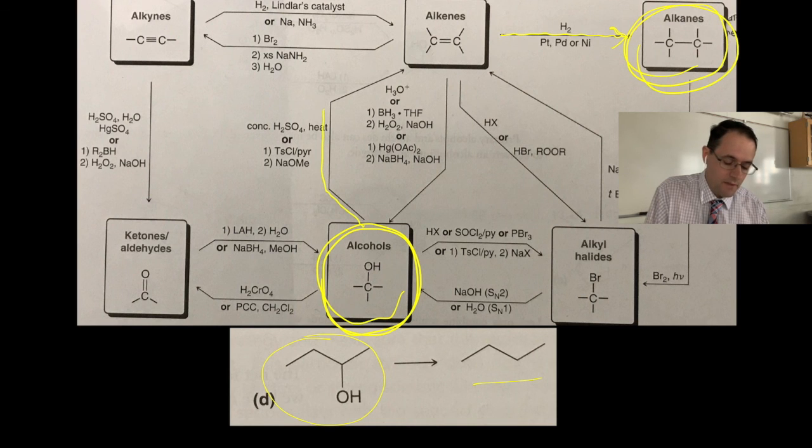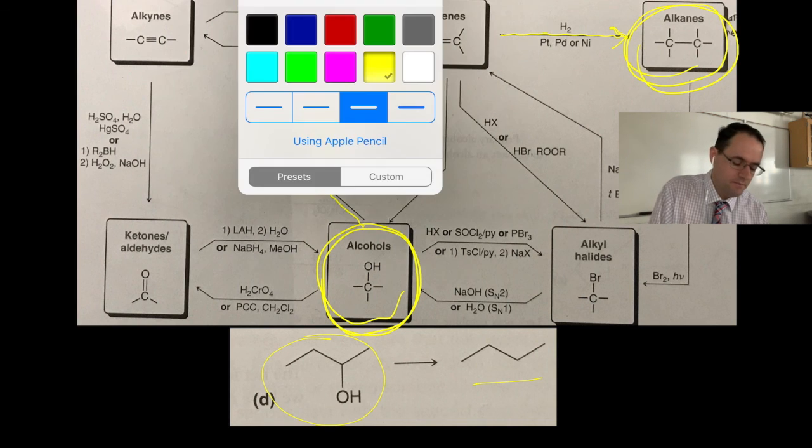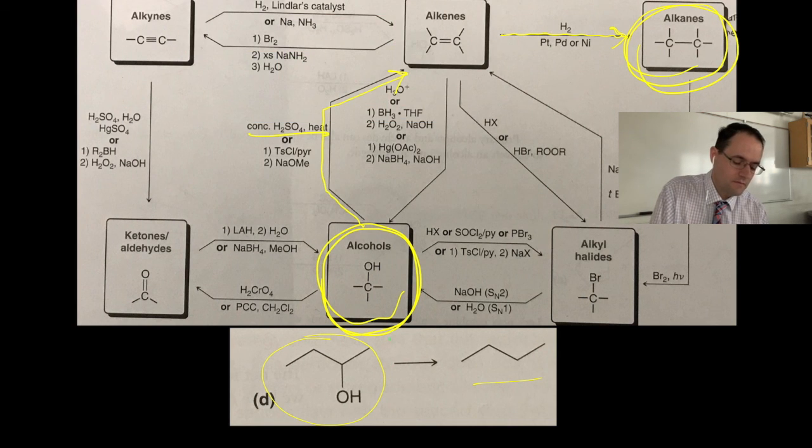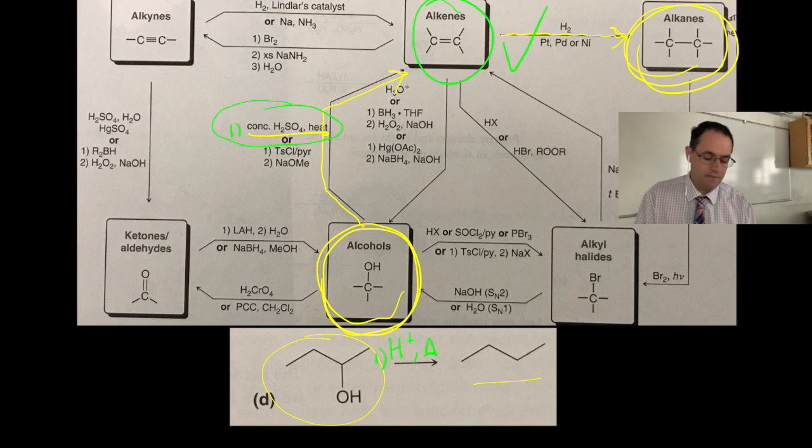So I need to think about how am I going to make my alcohol go to an alkene, okay? The way I'm going to do this is with concentrated sulfuric acid and heat. Okay, and we'll call that step 1 there. So we're doing concentrated acid and heat. So there I am. I now have an alkene.